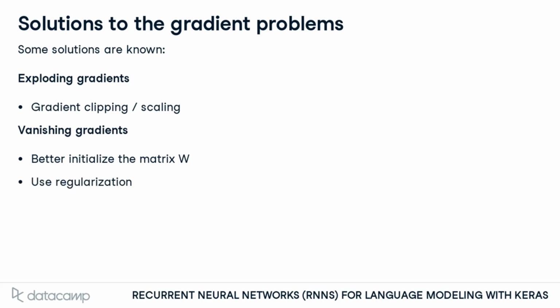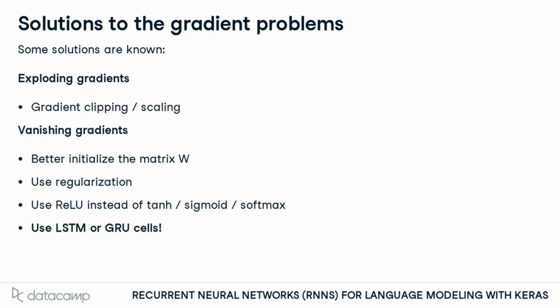Using regularization controls the size of the entries. By using the ReLU activation function, the derivative becomes a constant and thus doesn't increase or decrease exponentially. Finally, use other RNN cells such as GRU and LSTM that we will learn later.